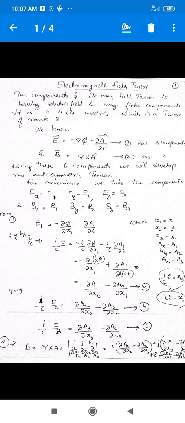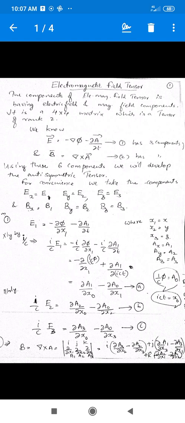So A0 is i phi by c. That is the temporal part. We call the space part Ax, Ay, Az as A1, A2, A3, and the time part, the temporal part, we call A0.